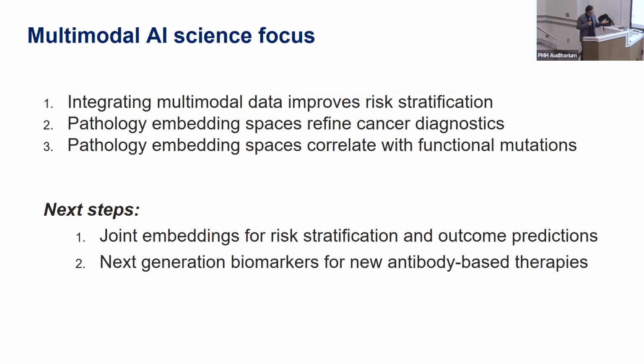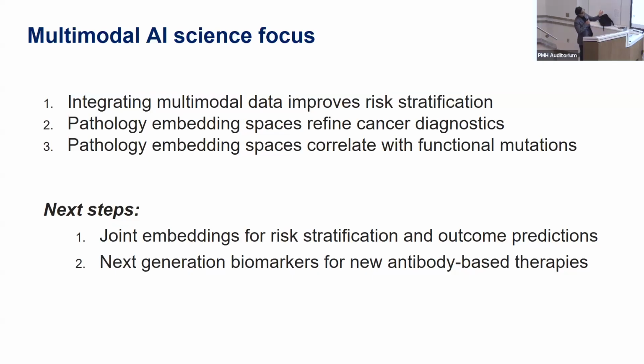I've shown you some examples of where integrating multimodal data improves risk stratification. The pathology embedding spaces certainly can refine cancer diagnostics. One part of this study that I didn't show you is that about 5% of cases are diagnosed as cancers of unknown primary, and we can start to infer the likely primary tumor from these spaces as well.